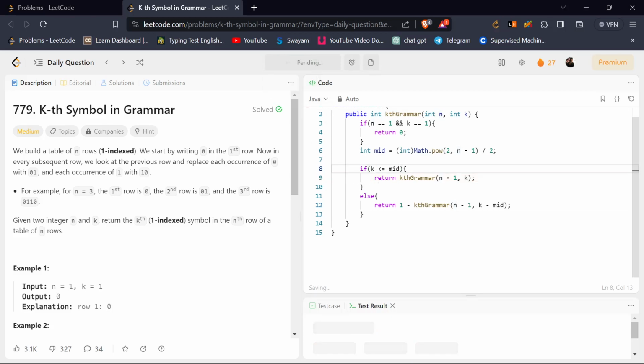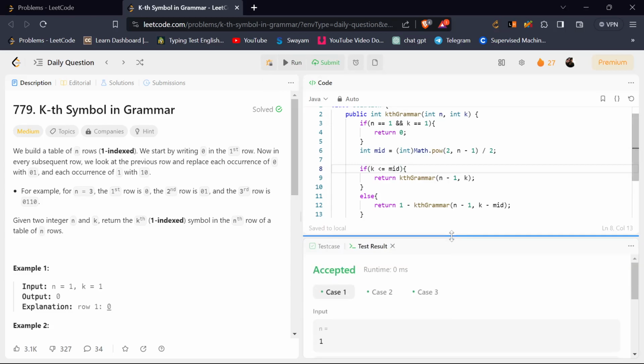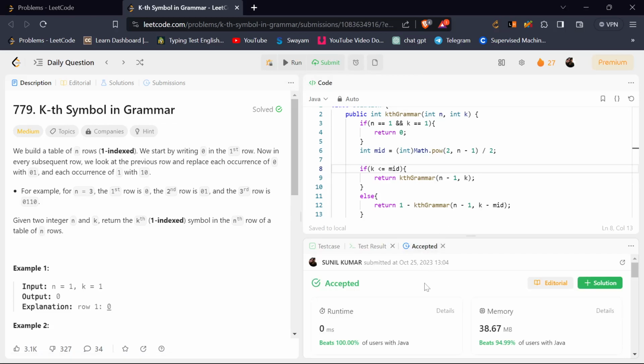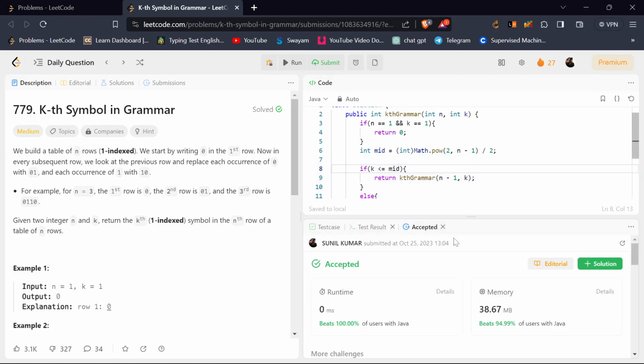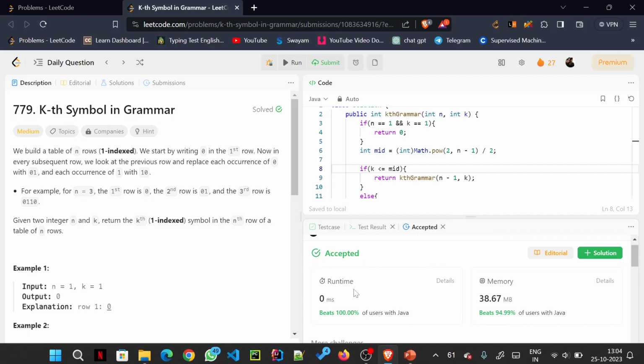Sorry, here we need to write it as k. Why? Because we find the kth character. Okay, it passes all the test cases. Let me submit. So here it gets accepted, and it is faster than 100% of Java submissions. It takes 0 milliseconds.